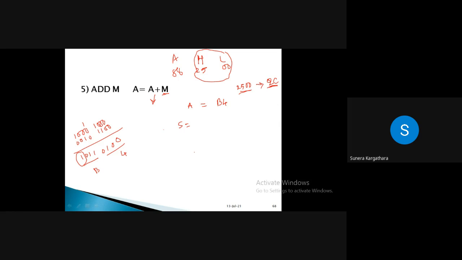When will the sign flag be set? If the most significant bit of your result is 1, you can say your sign flag will be set to 1. If the most significant bit is 0, your sign bit will be reset to 0. Are you getting me, student? So Ritesh, what about your MSB? Is it 1 or 0? 1. So your sign bit will be set to 1. Okay, what about zero? That will be 0.